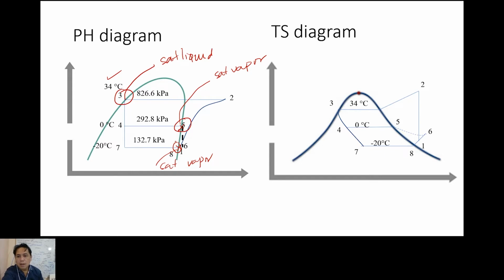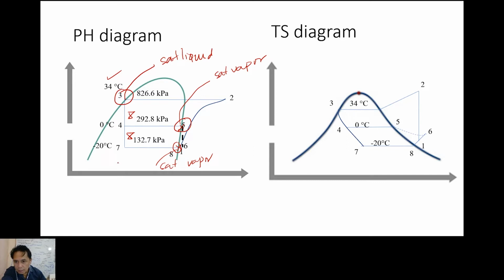Now, how do you know 4 and 7? It's easy to know because in between them there is a device called an expansion valve. The duty of the expansion valve is to lower the pressure and regulate the flow at constant enthalpy.